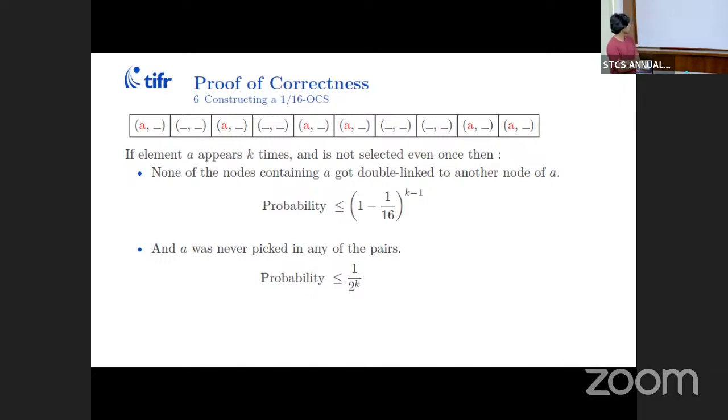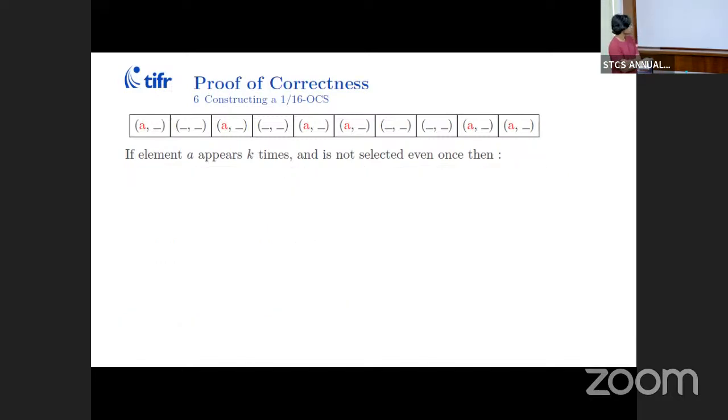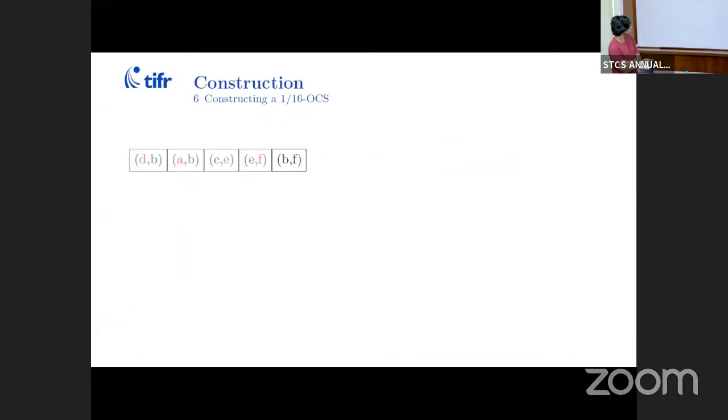Now combining both of them, the probability that A is not selected should be 1/2 to the power k times (1 minus gamma) to the k minus 1. This is gamma-OCS for gamma equal to 1/16. If you put 1/16 in that formula, you would get 0.505005, which is worse than what all of them got.